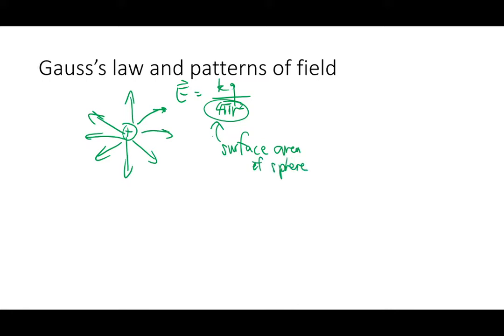And then we also notice that if we draw a little sphere, we can relate the number of lines going out to infer that there's some positive charge inside the volume enclosed.